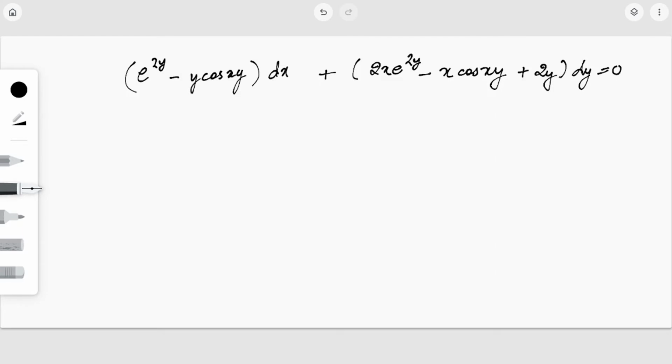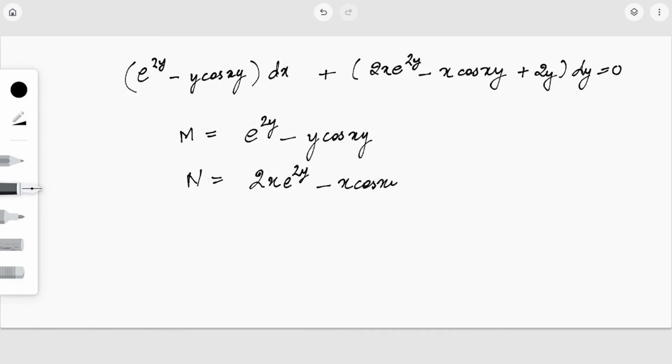So this is a big equation. This is of the form M dx plus N dy is equal to 0. So here M is nothing but e raised to 2y minus y cos xy, and N is 2x e raised to 2y minus x cos xy plus 2y.